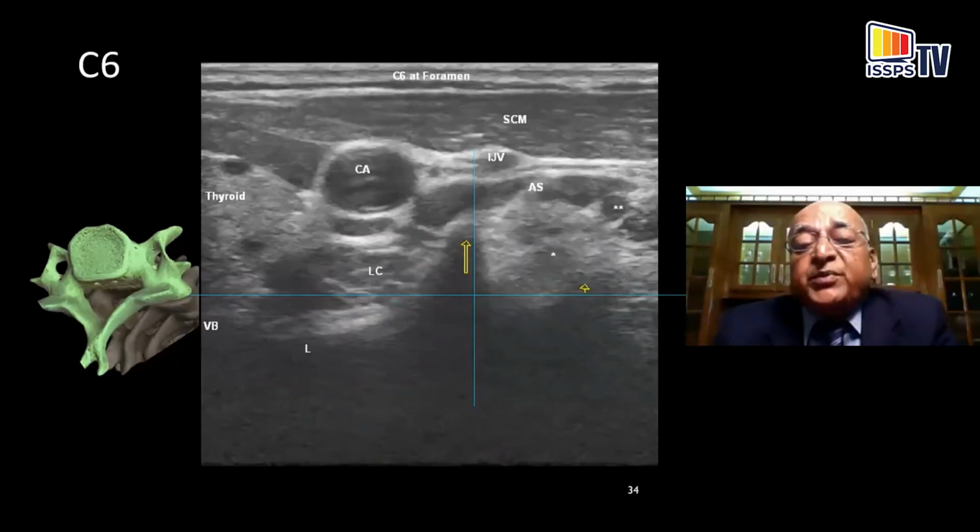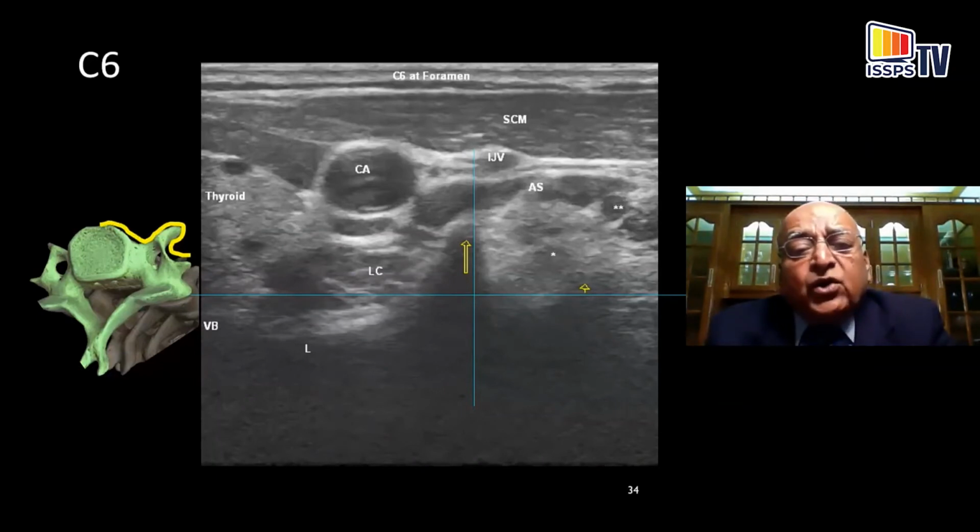This has also been used to do a cervical sympathetic block in the past, but these days we try to identify a better trajectory, which I'm going to show you later on. This is the anterior tubercle of C6, and this would be the posterior tubercle, and the star is the C6 nerve root.